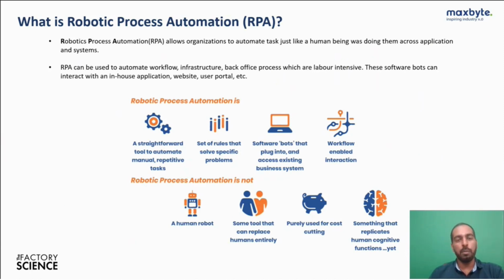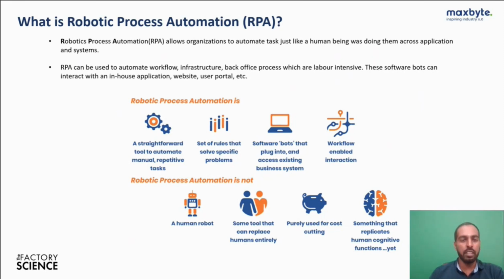The robotic process automation (RPA) allows organizations to automate tasks just like humans, doing what they do across various applications and various systems. RPA can be used to automate workflow, infrastructure, or back office processes, where manual labor takes on repetitive and time-consuming tasks.